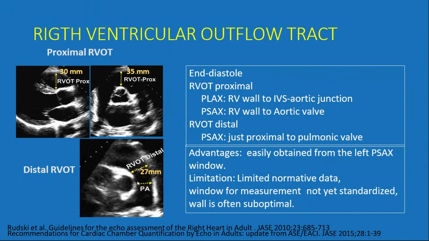So all these factors will help us in understanding whether it is a pressure overload which is happening. So we need to measure all this: pulmonary artery, distal RVOT, proximal RVOT. And everything has a reason why this is being taught, because this will help us in reaching a differential diagnosis.